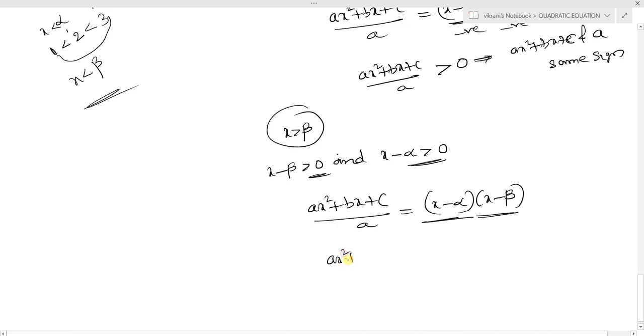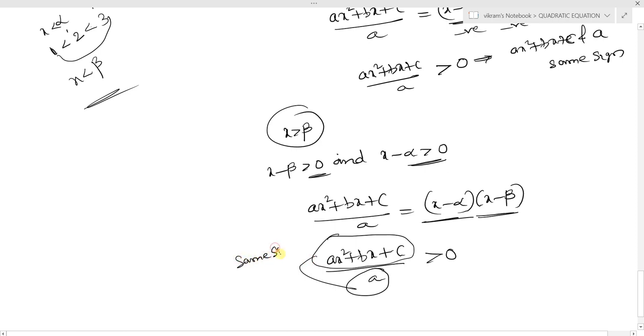Then what is the result we are getting? ax square plus bx plus c by a is also positive. Greater than 0 means the numerator ax square plus bx plus c and the quotient of x square will have the same sign.